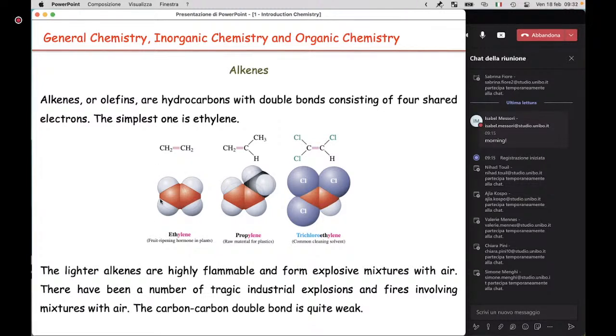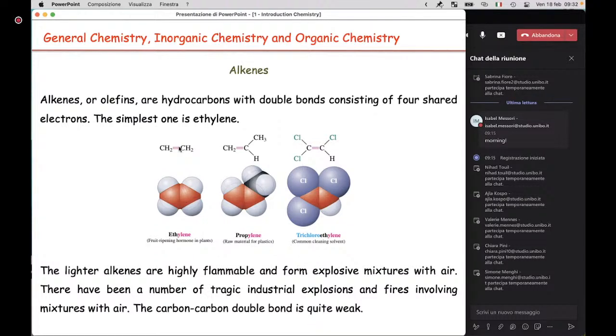Alkenes are more reactive than alkanes because they contain the second bond, and this bond can be broken without breaking up the molecule, without disturbing the, let's say, basic single bond, which remains, which is the most stable. So the second bond is less stable, and thus it can react more easily.